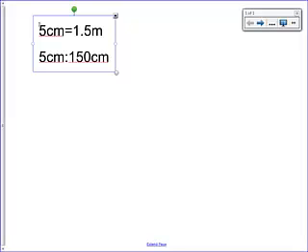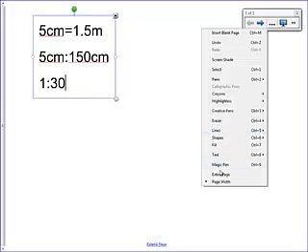It's just too big, like an improper fraction. So if I divide both sides by 5, I get the proper ratio, which is 1 to 30. So this scale of 5 centimeters to 1.5 meters is actually the same as 1 to 30 as a ratio, which means I can start looking at things a little bit differently when I look at her drawing.